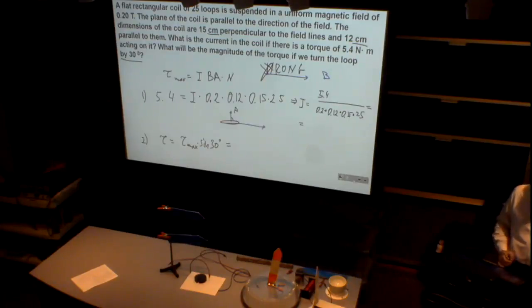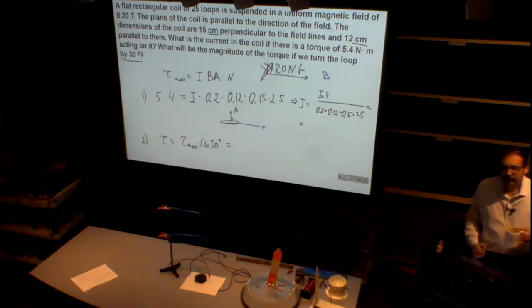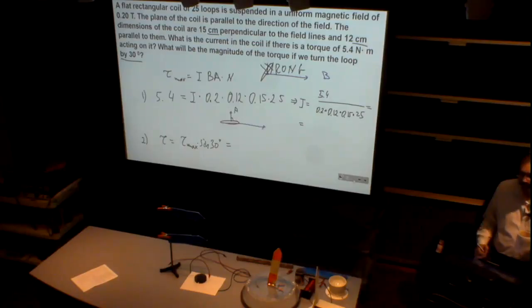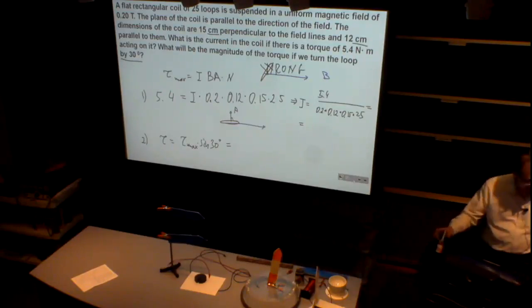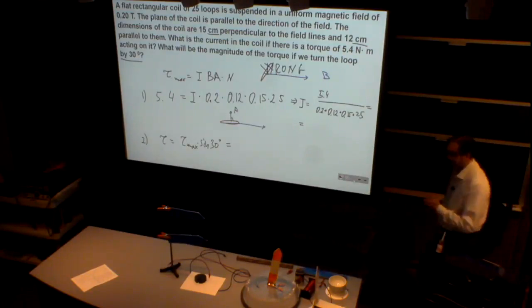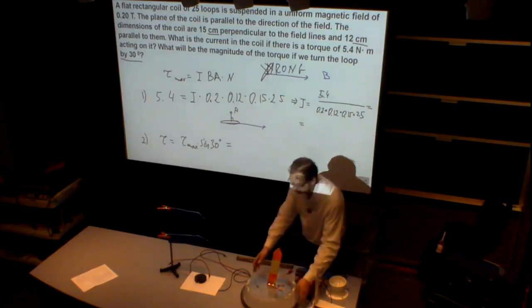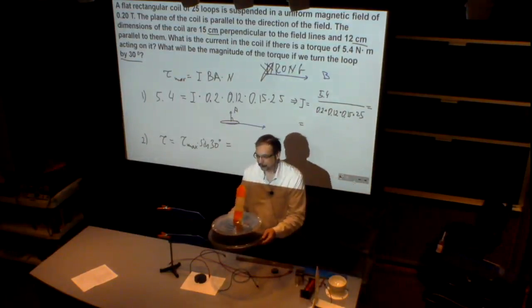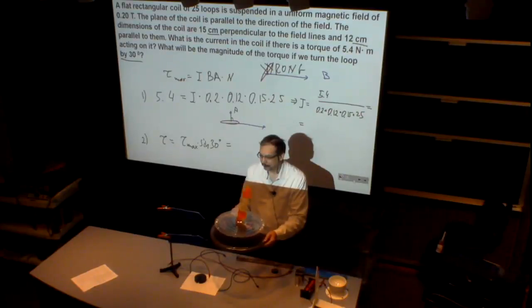And now we have to make the loop turn by 30 degrees. For the second question, the loop has to be turned by 30 degrees from this orientation.